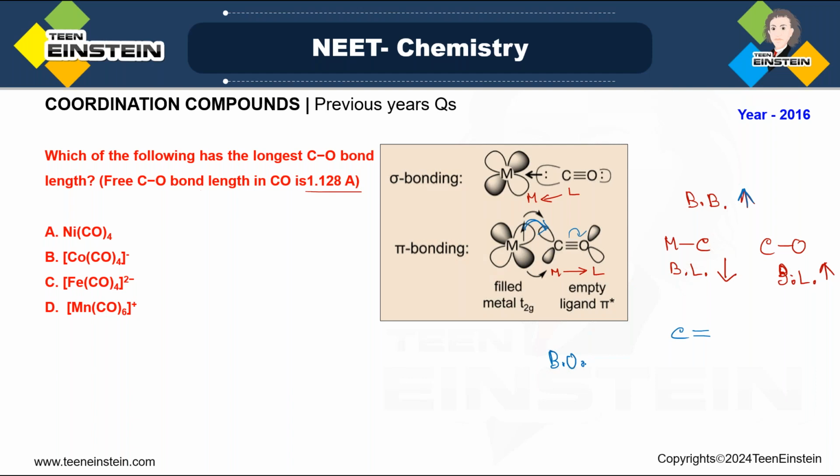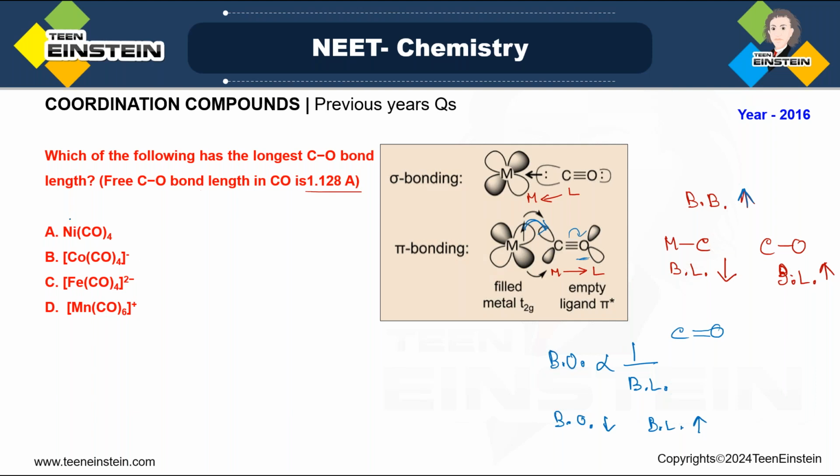Bond order is inversely related to bond length, so when bond order decreases, bond length will increase. So this triple bond nature will change to double bond nature. That means when back bonding is very high, carbon oxygen bond length is also longer compared to the situation where it is not so high.